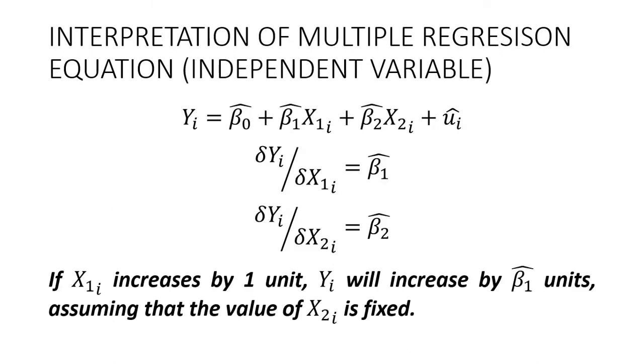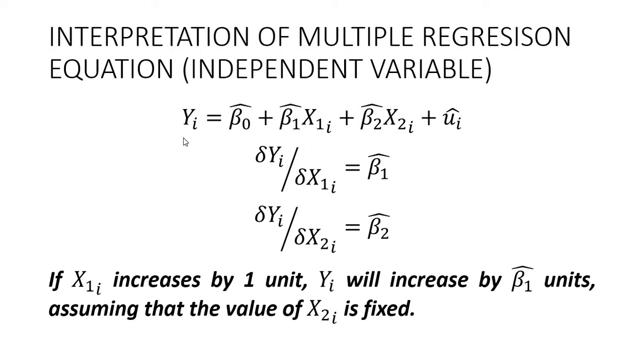And when it comes to interpretation of the independent variable coefficients, I believe it's kind of obvious that this regression can be described as a linear function. So in this case you interpret the coefficient as the partial derivative of y with respect to the respective independent variable.